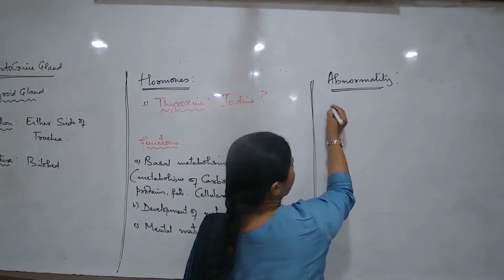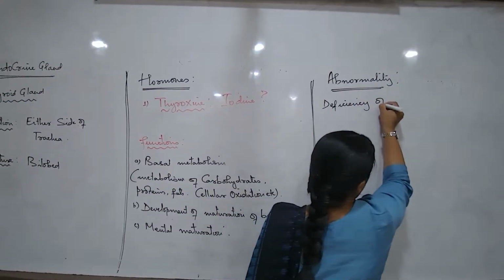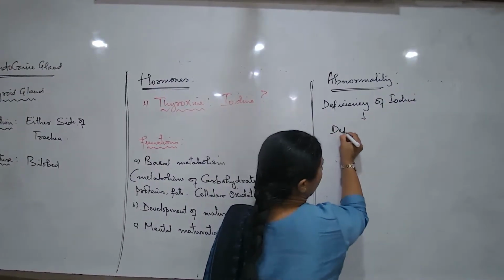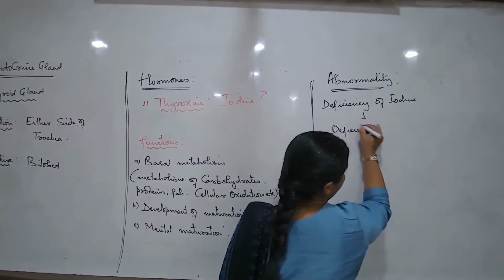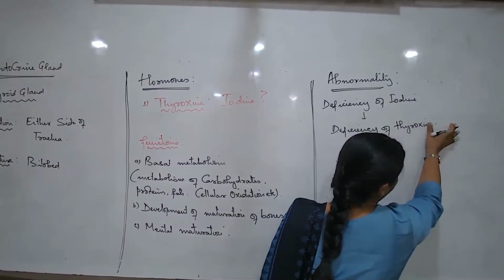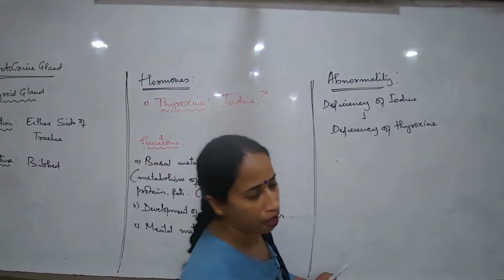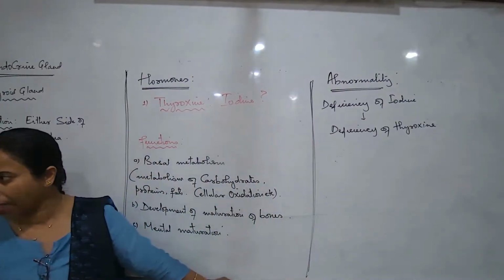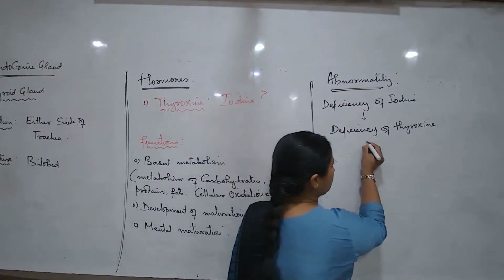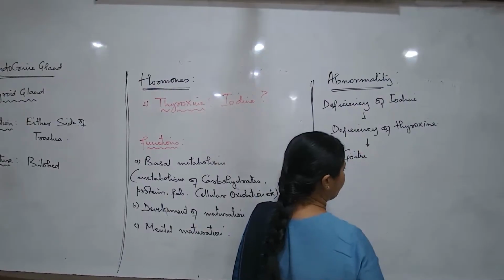The deficiency of iodine will result in the deficiency of thyroxine, the primary hormone released by the thyroid gland. Deficiency of iodine in the blood will result in the deficiency of thyroxine, and this will result in an abnormal condition known as goiter.